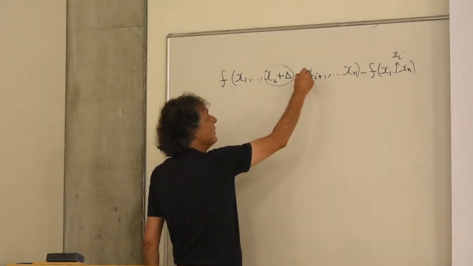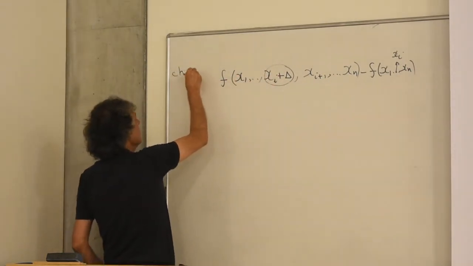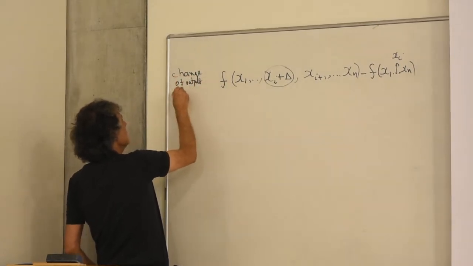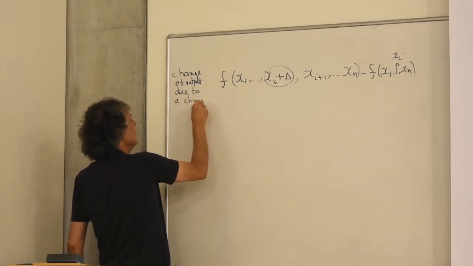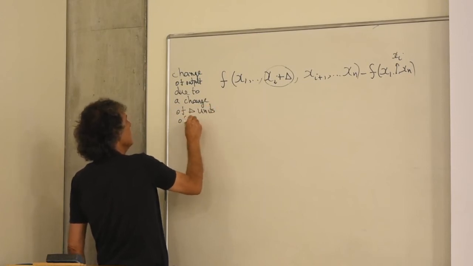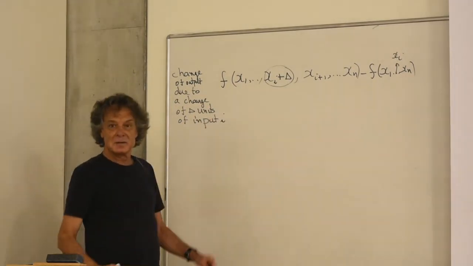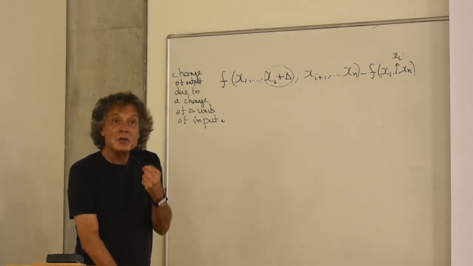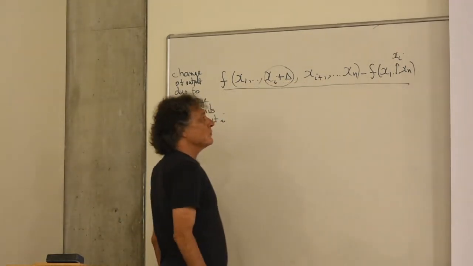Let me write down here: change of output due to a change of delta units of input i. Can we see it? So this is the change in output. Per unit change of input, I have to divide it by the number of units of input that I change.